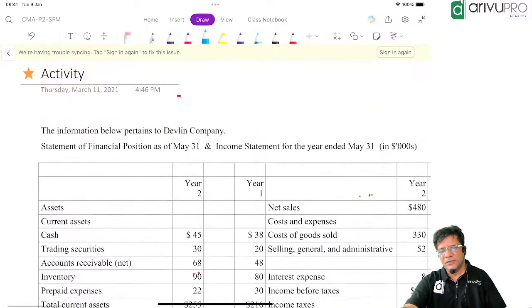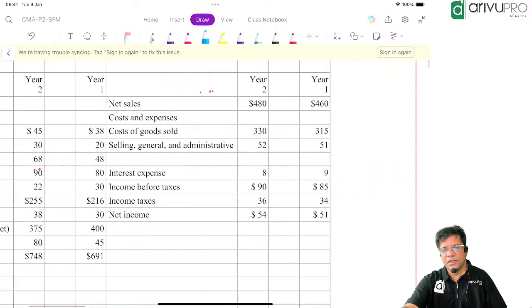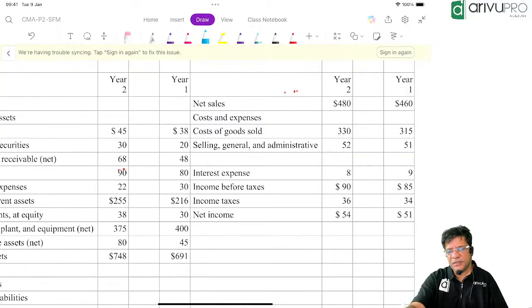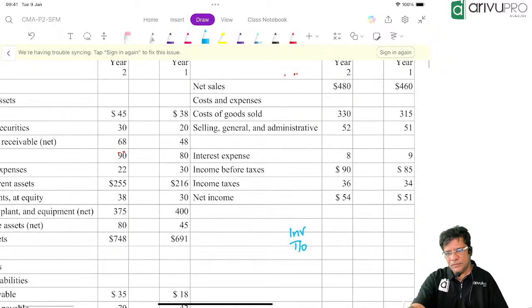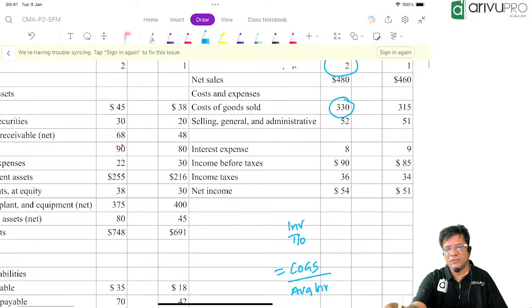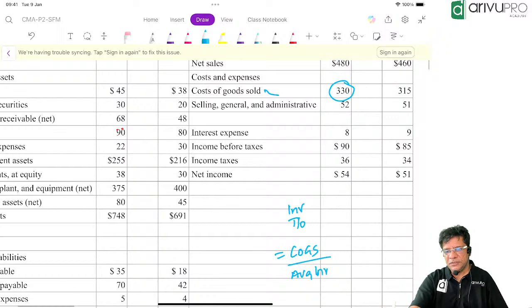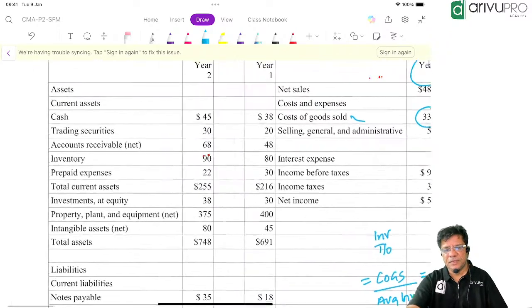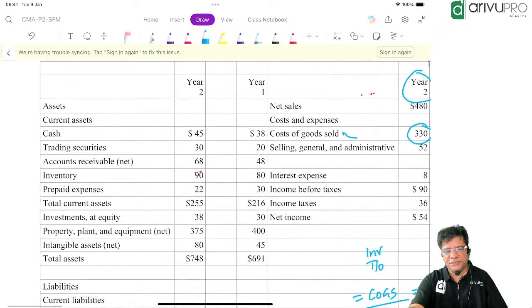Inventory turnover year 2. Okay. Inventory turnover, what is the formula? Cost of goods sold divided by average inventory. How much is cost of goods sold in year 2? 330. Divided by inventory, balance sheet side.